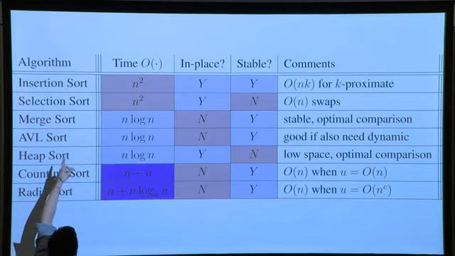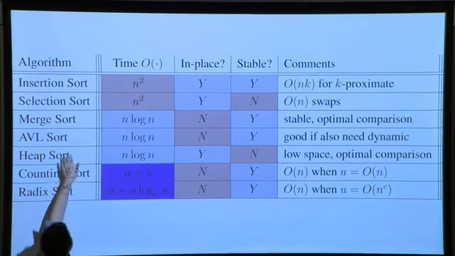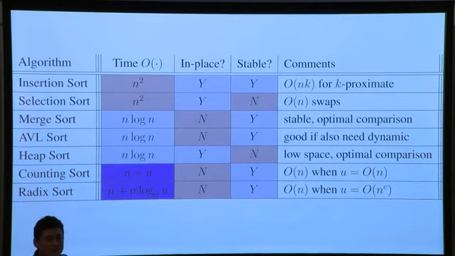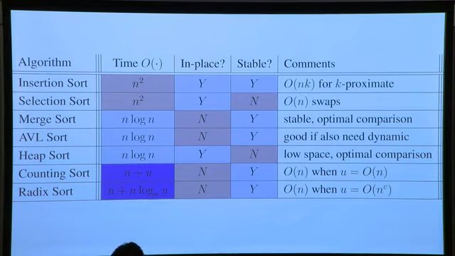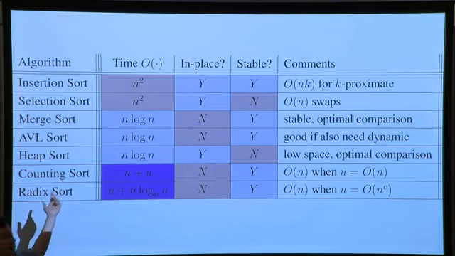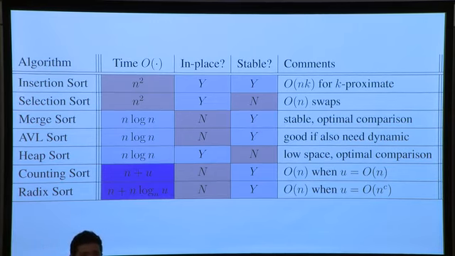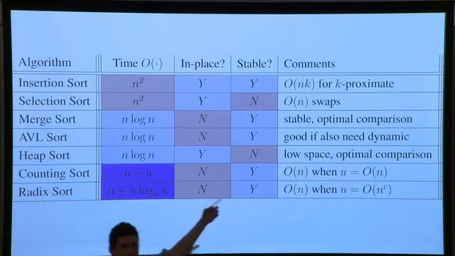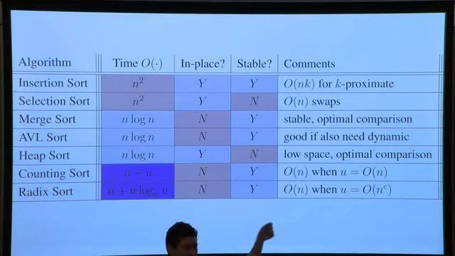In general, merge sort and AVL sort are really the same in terms of asymptotic complexity and the way in which you interact with these sorting algorithms. But there are special cases where you might use insertion sort or selection sort. Actually, I'm not sure about insertion sort. In your recitation two days ago, I think you showed how to handle a k-proximate array, where things are not more than k away from each other.